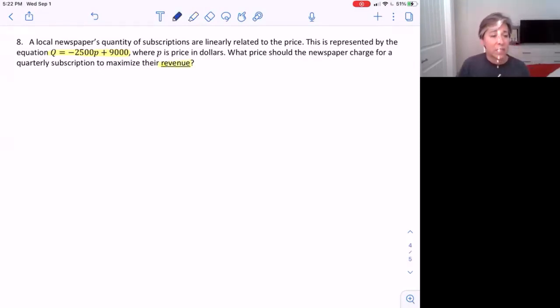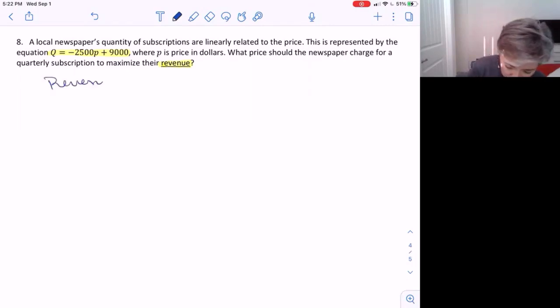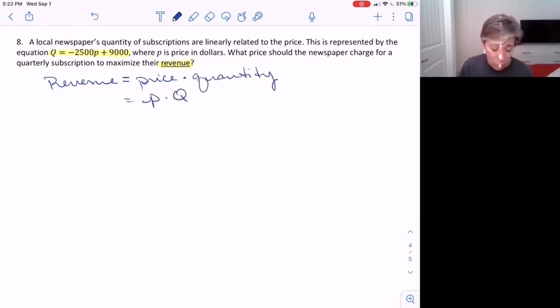Well, this one's interesting because Q just represents the quantity, how many subscriptions they're selling. So revenue is price, if you remember, times quantity. That means price times Q, but we want it in terms of only one variable. Well, we have the quantity in terms of the price.